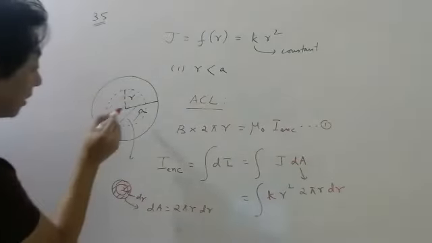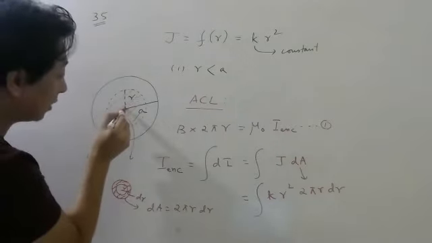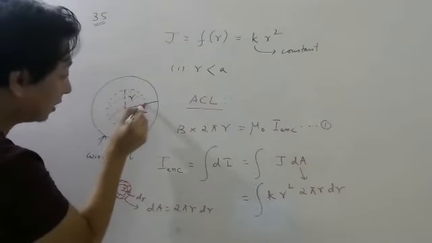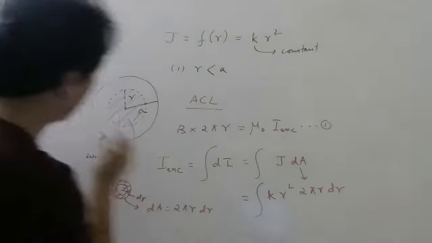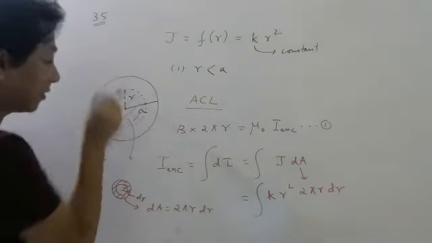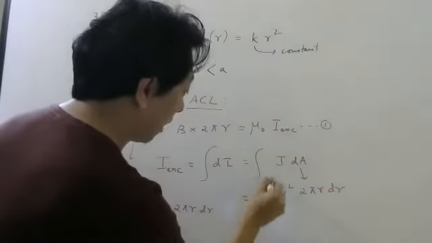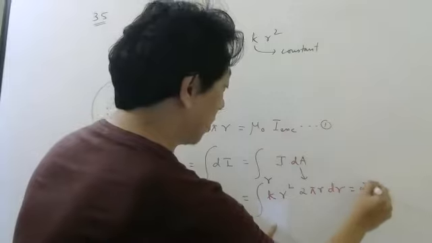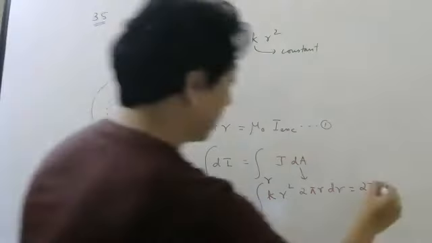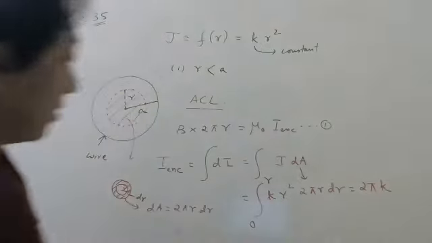Then I have to find the current inside this loop. I have to integrate from here till here. So from here till here means your r variable will go from 0 to r. So from 0 to r. So this will give you 2 pi is constant, take it outside. K is constant, take it outside.